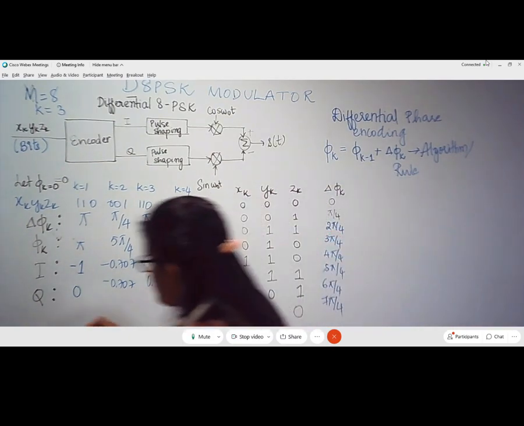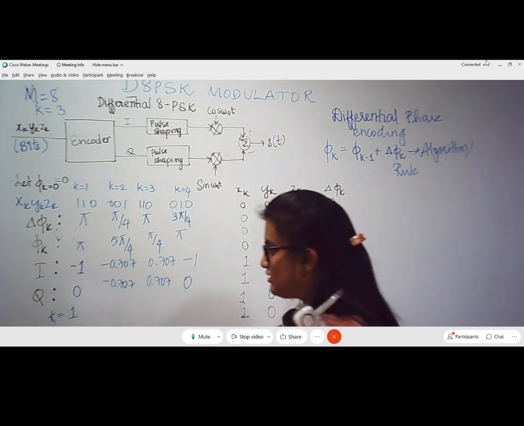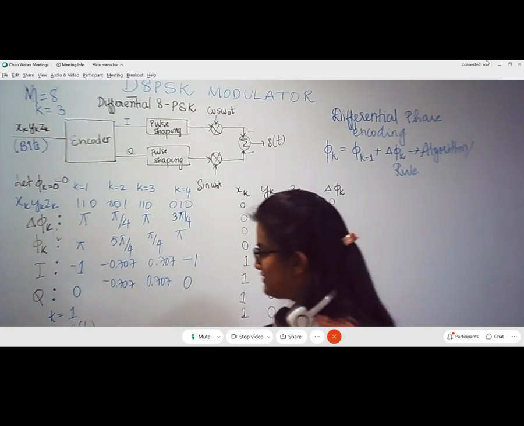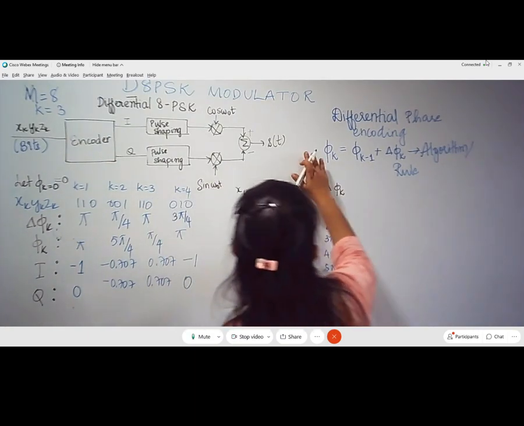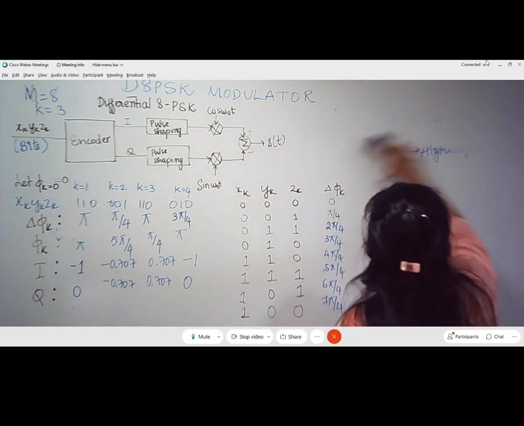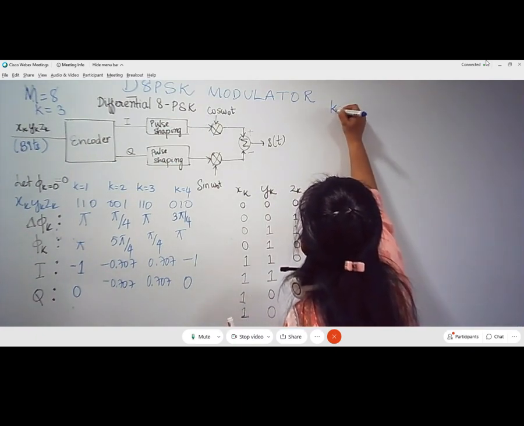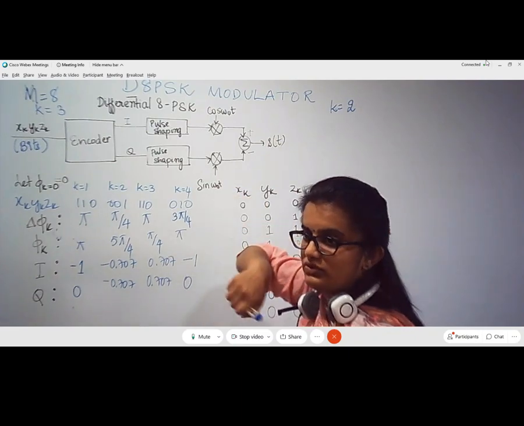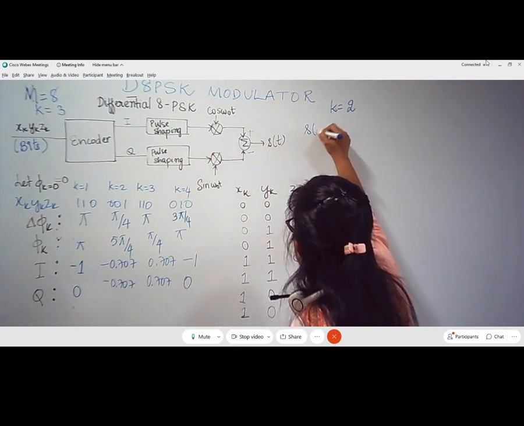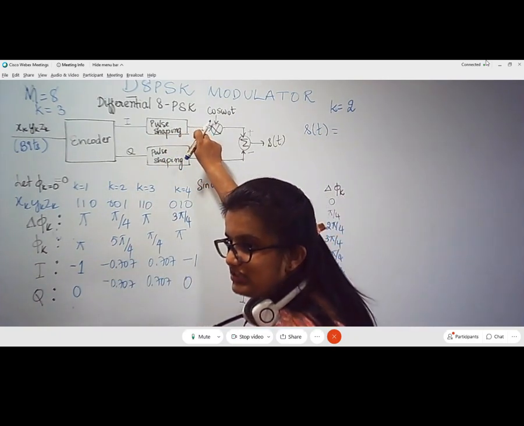So whenever I am going to transmit a symbol at time instance k, S of t will be sent such that, I will write it over here. I'll take an example of k is equal to 2 so that you will get an idea. At k is equal to 2, what I am going to transmit from this modulator is S of t is equal to, what is the I value? We are going to do this procedure.